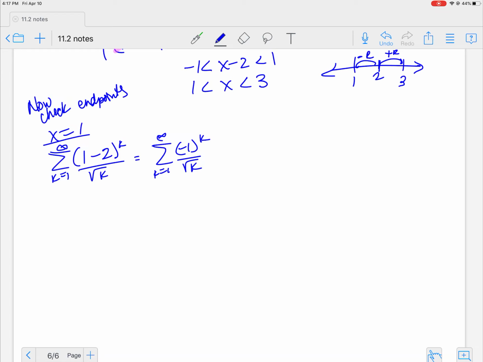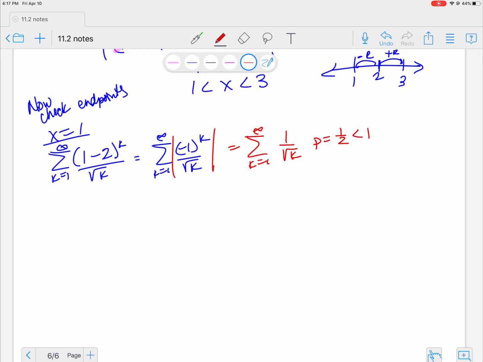So if I take the absolute value of this, then that's going to give me 1 over the square root of k. And that's a p-series. If p is 1/2, which is obviously less than 1, yep, that diverges because that's the p-series criteria, right?